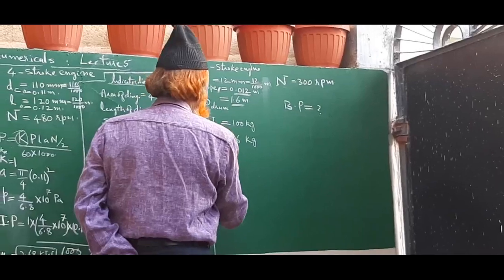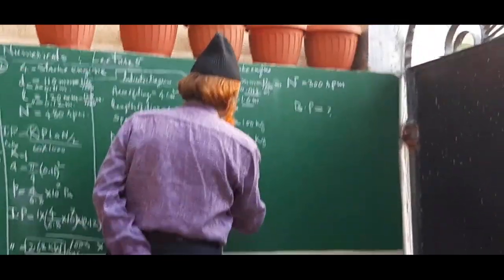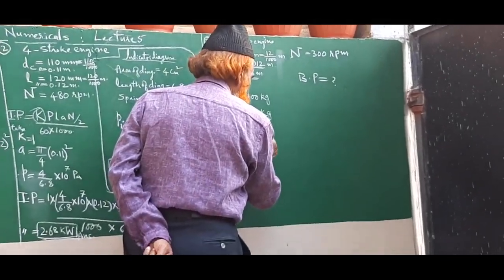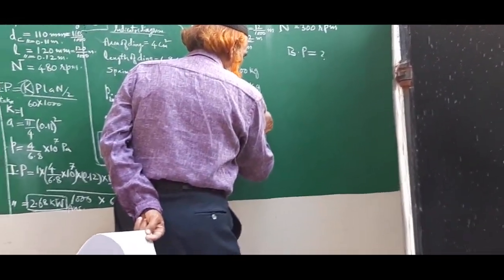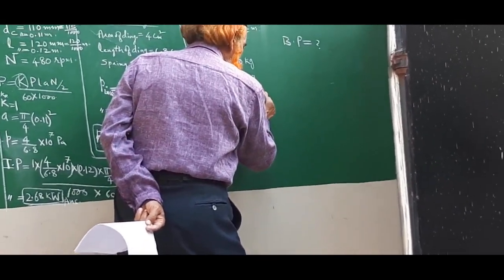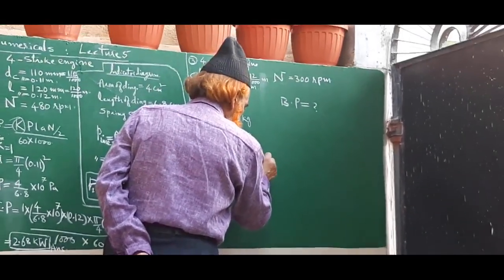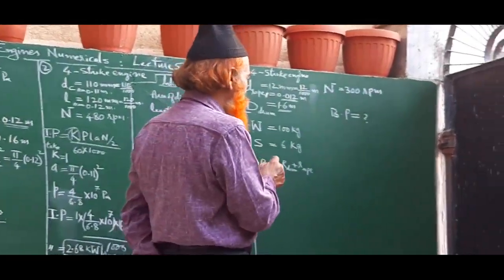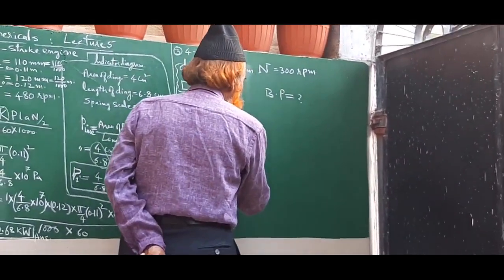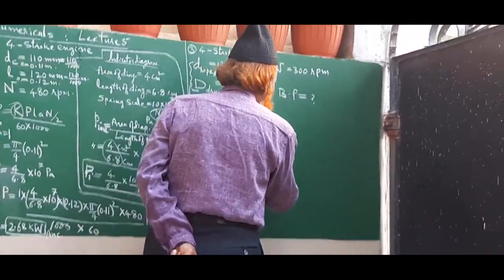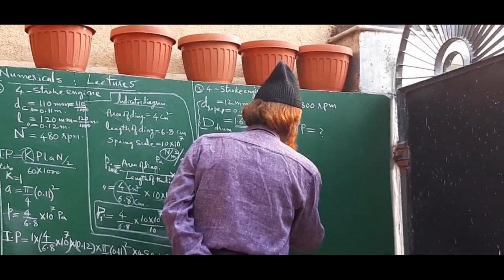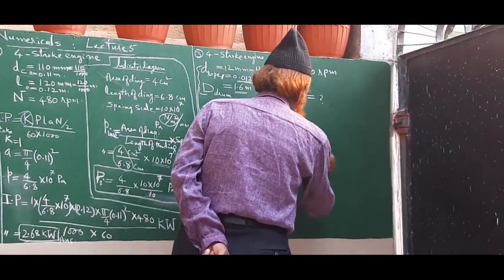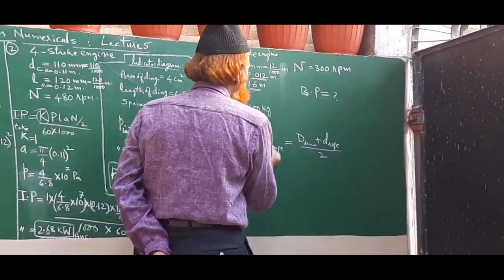The effective radius R effective is given by R drum plus R rope. The sum of these two radii is the R effective, which can be taken as D by 2 plus small d by 2, or D drum plus D rope divided by 2.